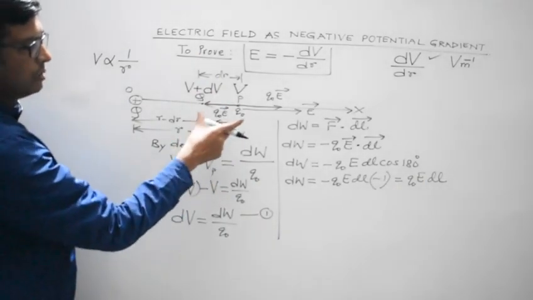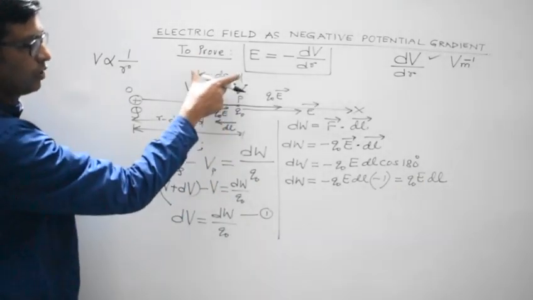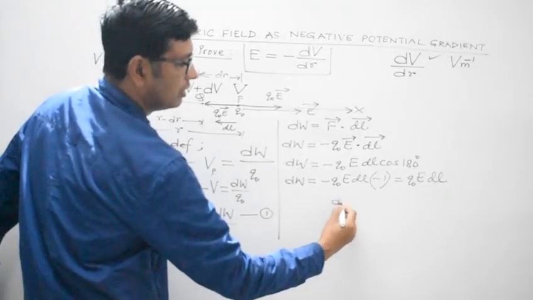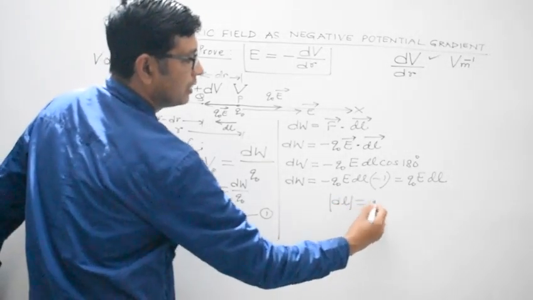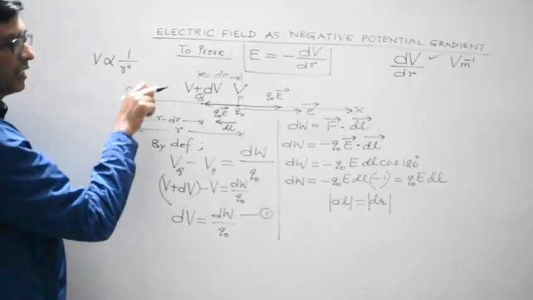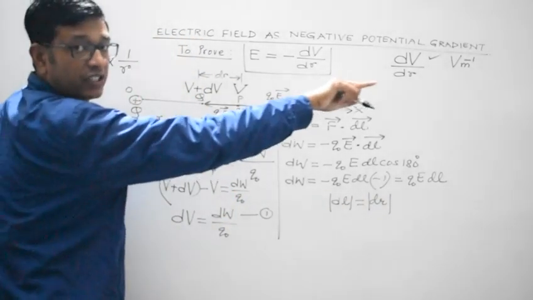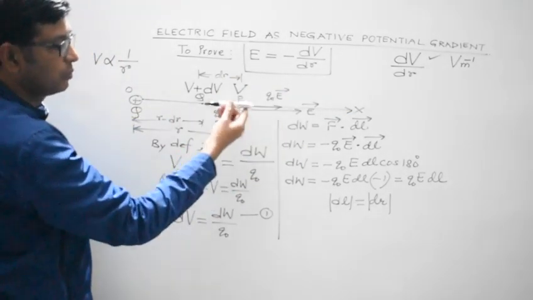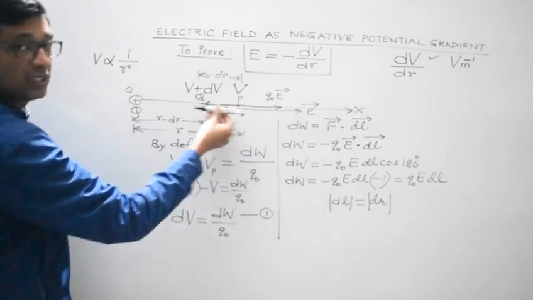Now look, the magnitude of PQ, either you can consider it to be dr or dl. So magnitude wise, dl definitely is equal to dr. But the increasing direction of r is along the positive x direction, while the displacement of this charge when it is moved from P to Q is towards the origin.